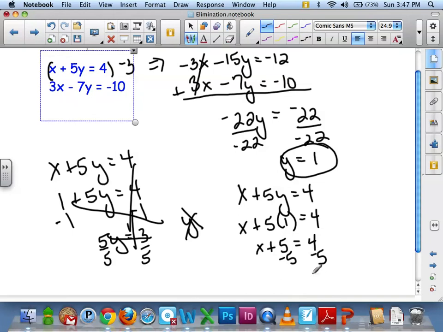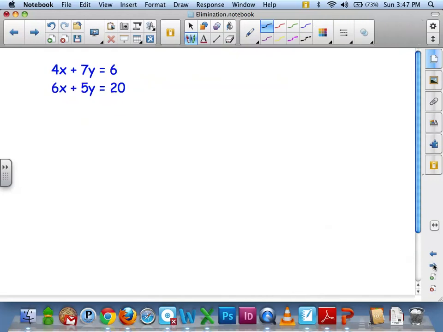Oops. Add some more space. So I've got x equals negative 1. Okay, so lesson learned here, I need to make sure that I am replacing the correct number with the correct variable. Alright, one more, and we'll be all done.